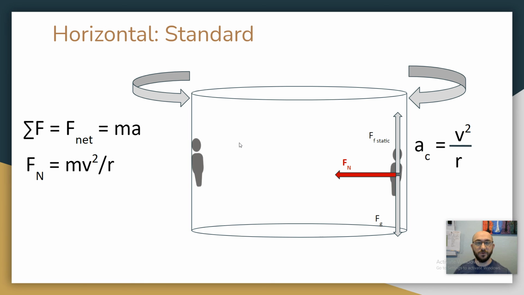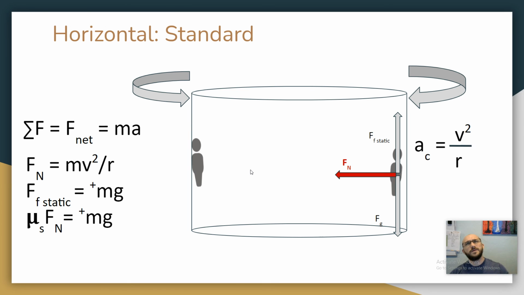So my net force must be m times v squared over r. Okay. We know the static friction force must be positive mg, where gravity is negative mg. We know static friction force is mu s times normal force. And we know that that must be positive mg, which means the normal force must be mg over the coefficient.